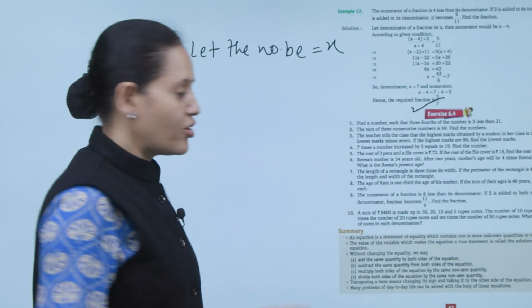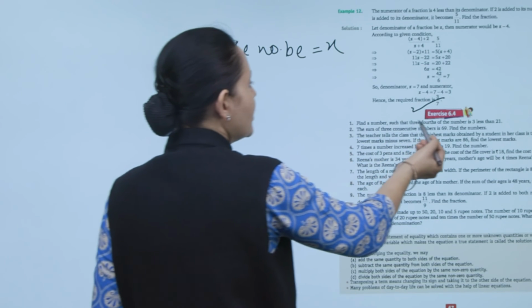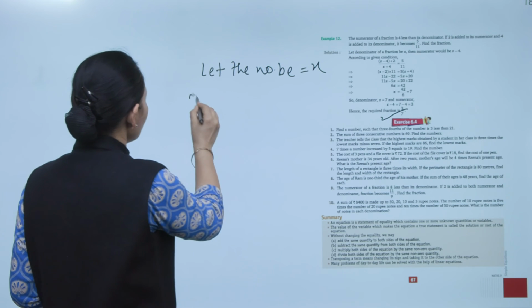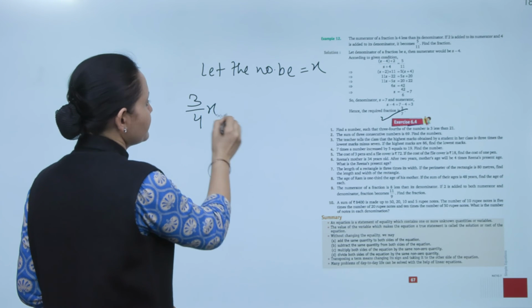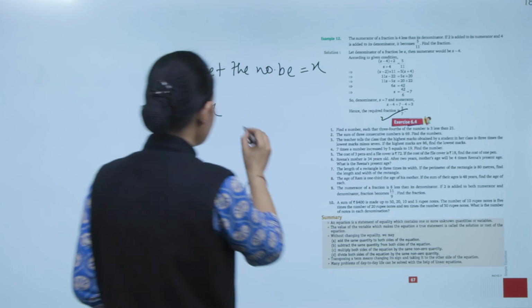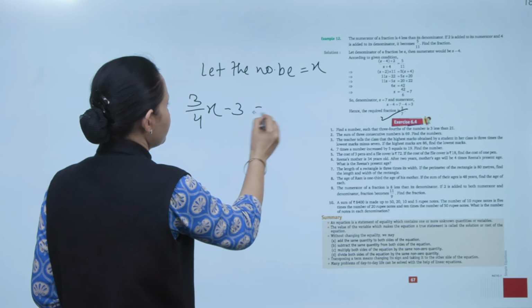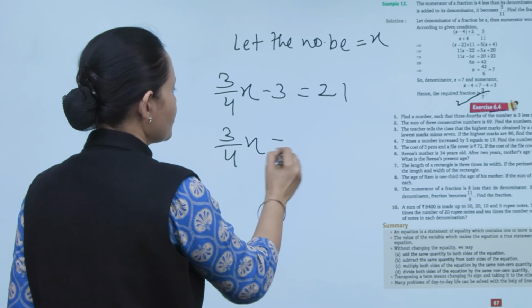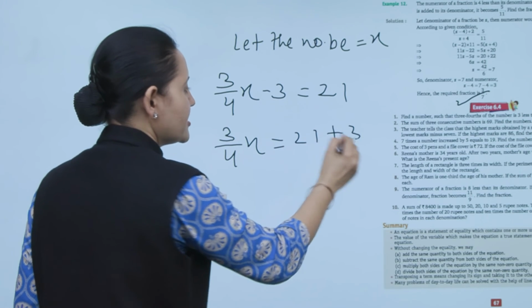Now according to the question, 3/4 of x is 3 less than 21. So 3/4 x minus 3 equals 21. So 3/4 x equals 21 plus 3.